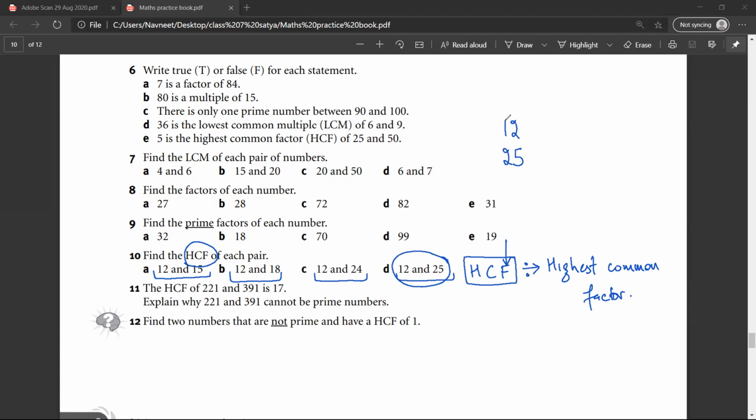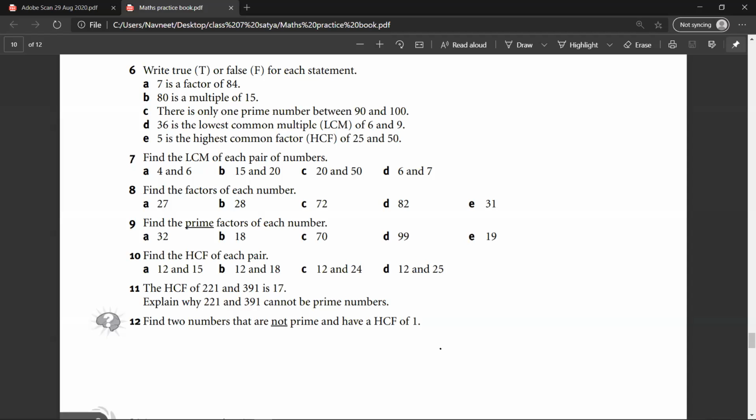So for example, if I have to find factors of 12, you know how to find factors. So what will be the factors of 12? Sir, can I do it? Yeah, you can do it.